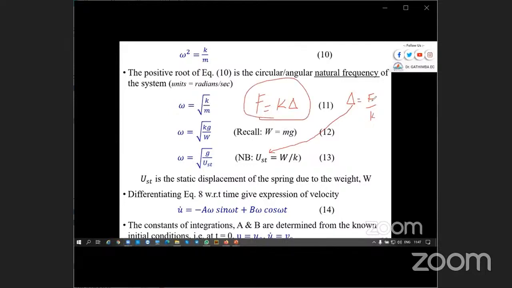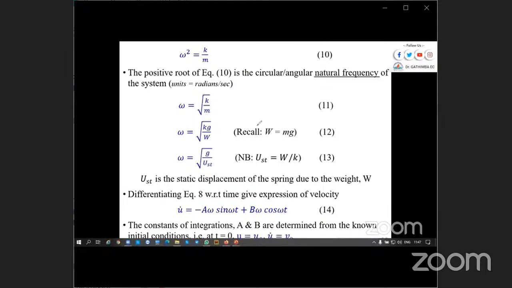Static displacement is equal to F over K, or the weight over K, and this is what we replace here. This quantity is very useful; we call it static displacement. It is the displacement of the spring due to the weight. So all these are just different expressions of the circular or angular natural frequency.